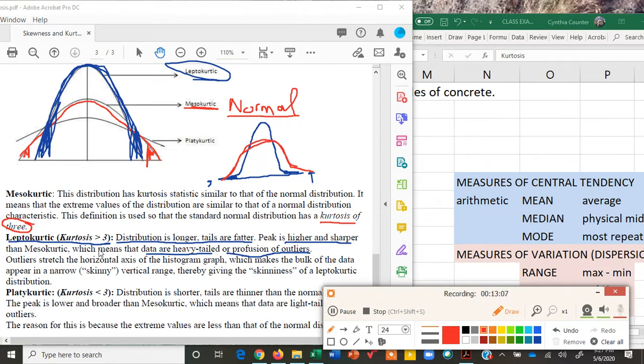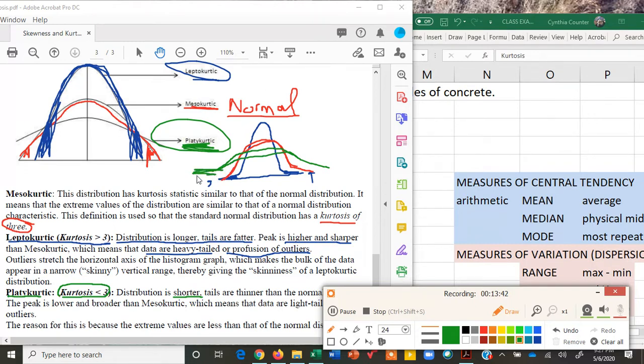Okay, then we have what is called platykurtic. Platy means flat, right? Duck-billed platypus, got that flat face, flat tail. Platykurtic is when the kurtosis is less than 3. The distribution is shorter. So now we're looking at something that is really spread out like this. Notice, relative to everything else, it's barely got a bump.